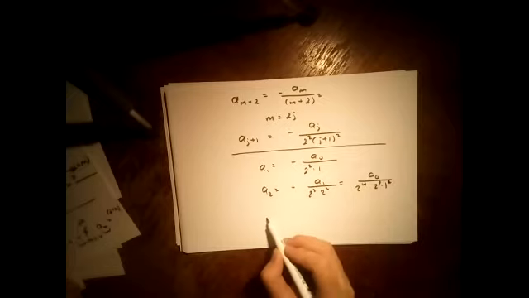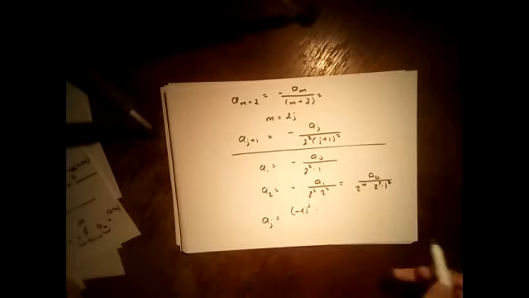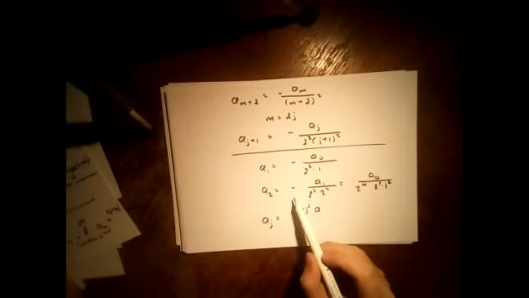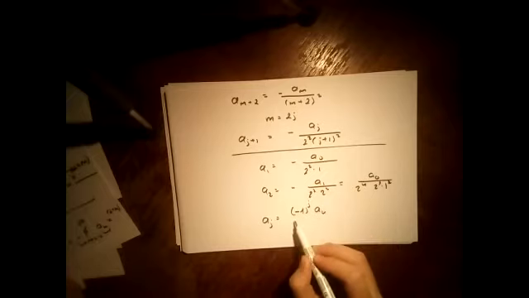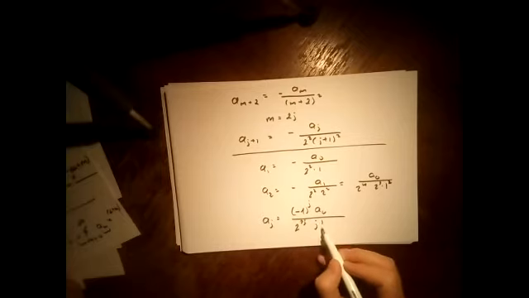So in general, you can write aj equals minus 1 to the power j, a0 divided by 2 to the 2j times j factorial squared.